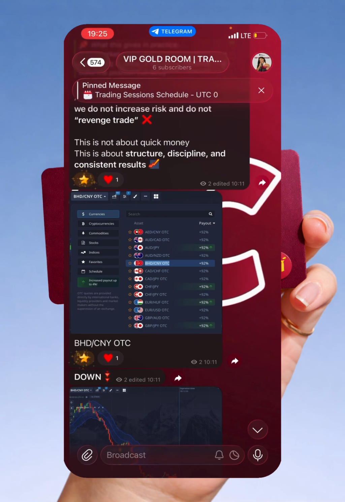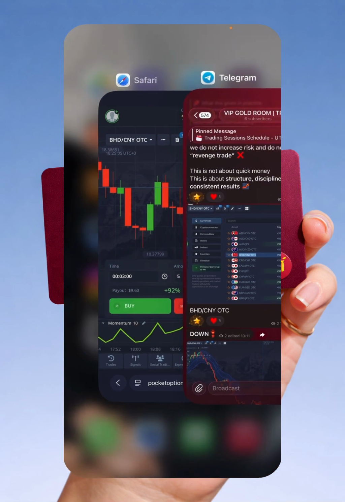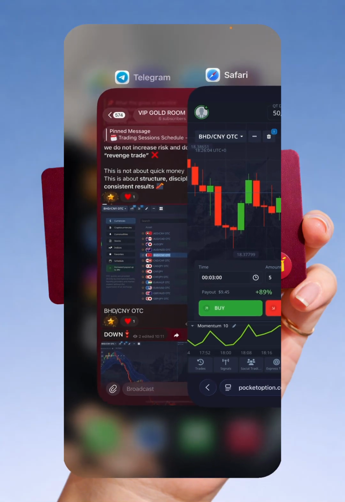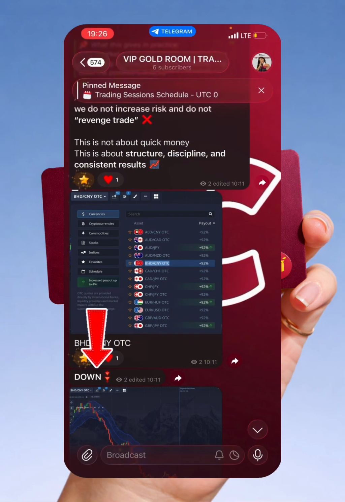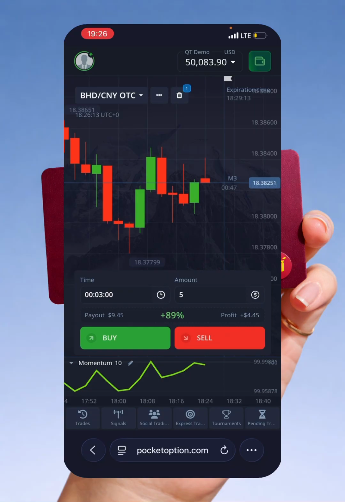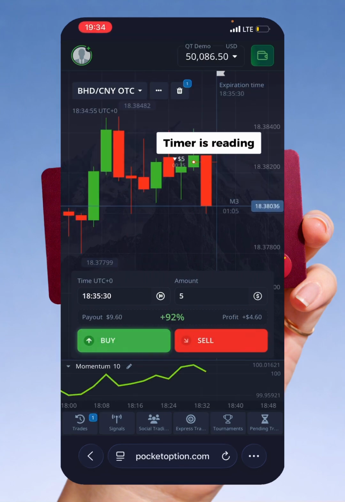Immediately I drop the signal, you go to your Pocket Option broker and tap in that currency pair. You'll search for it. Make sure it is OTC. We are trading on the OTC market. And then after that, I am going to tell you, go for the downtrend. You go for the down, then you click the sell. After you click the sell, you wait to see if it's going to be a lose or a win.